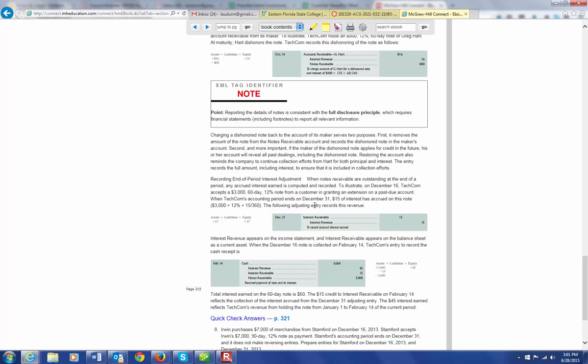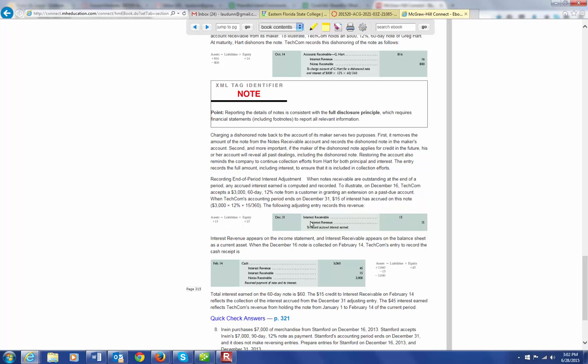So when we get to December 31st, some of that interest that has been promised to be paid has already been earned in that particular accounting period. We calculate that by saying it's a $3,000 note, 12% for 15 days, because it's the 15 days between December 16th and December 31st, and the amount of interest for that period is $15.